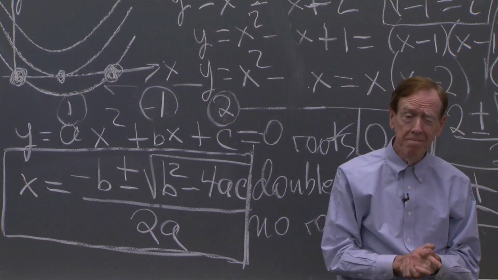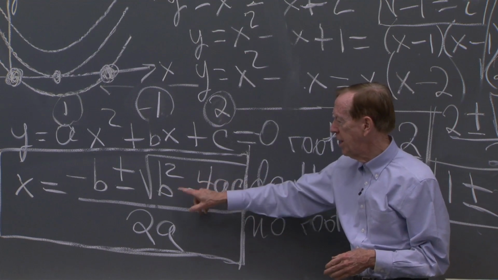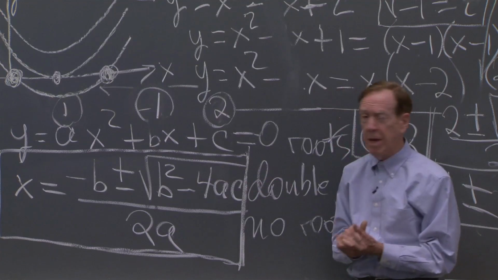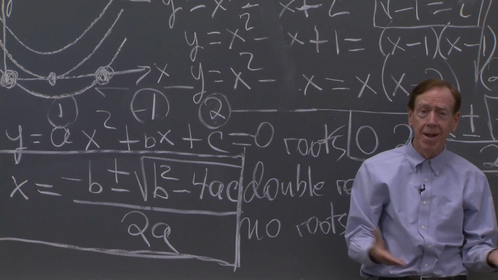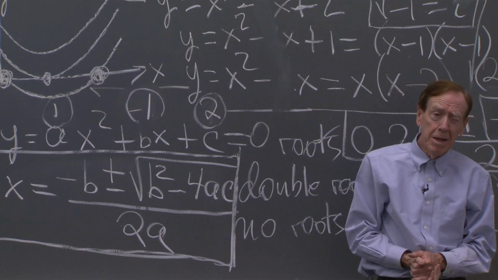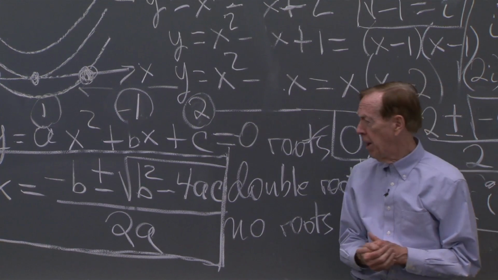And I'll even, if it's okay with you, take an example in which this guy turns out to be negative, and then its square root is an imaginary number, and you get the fun of asking the class to imagine a number that they've never seen before.